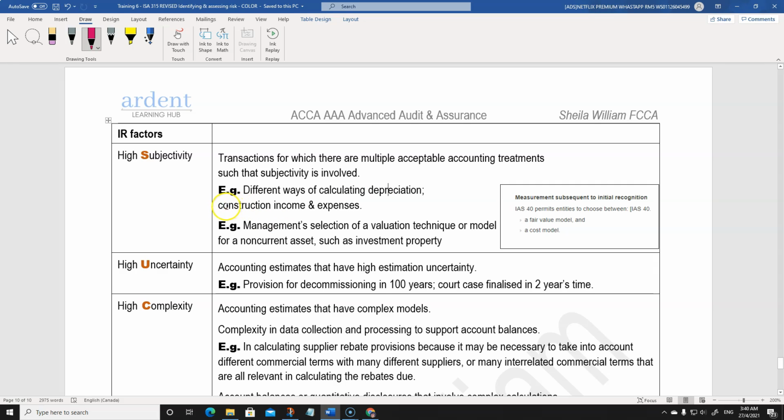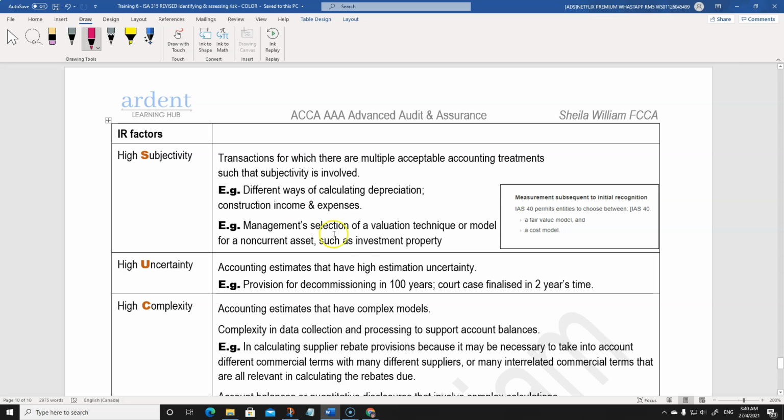Another example is construction expenses. In your construction contract, so trying to make an assessment of the recognition of the income and the expenses, there's some subjectivity involved in here. It's not so easy when you're thinking about IFRS 15. No doubt we're talking about performance obligations that have been completed, but still there's some subjectivity involved inside there.